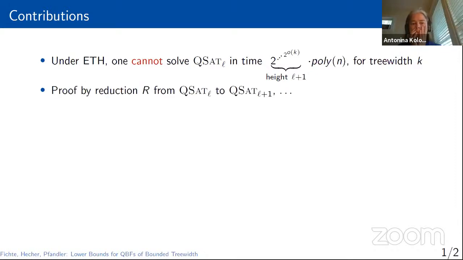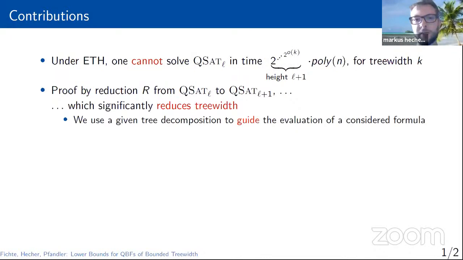The proof of our work is by reduction from any arbitrary QBF of quantifier rank L, and we construct a QBF of quantifier rank L plus 1. But what we gain there is a significant reduction of treewidth. The treewidth we obtain is exponentially smaller than the treewidth of the QBF where we started from. So how do we do this?